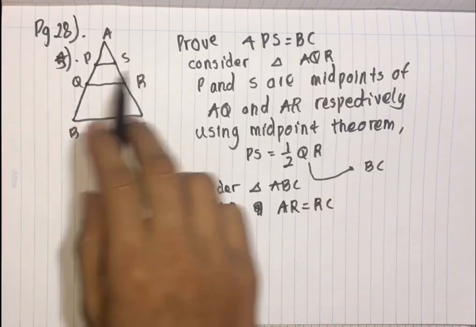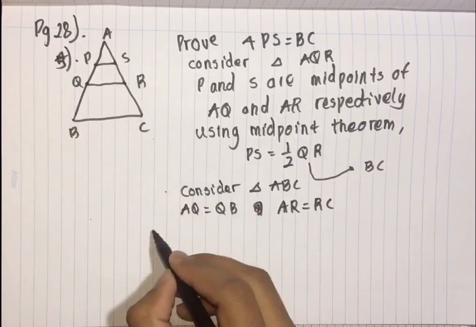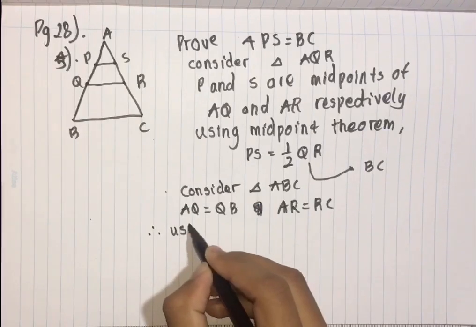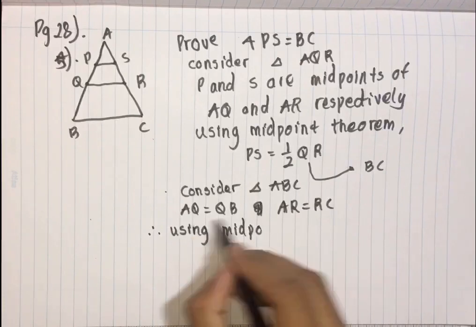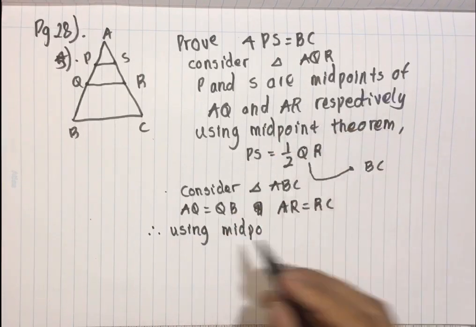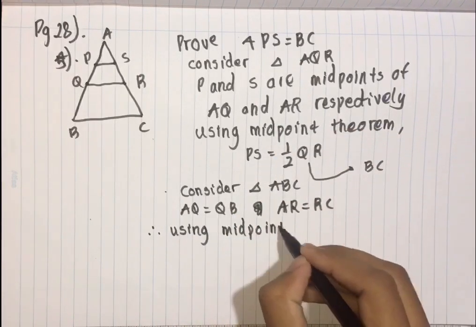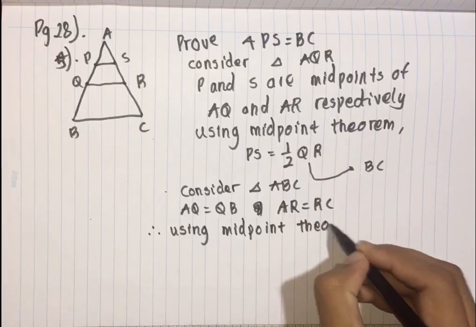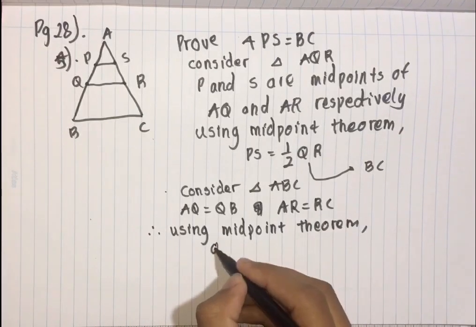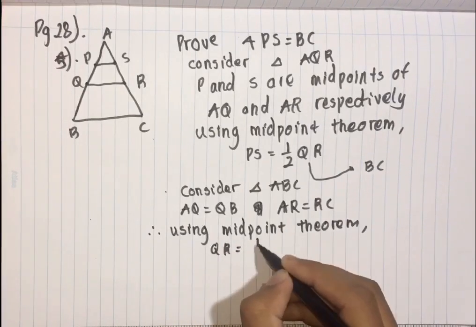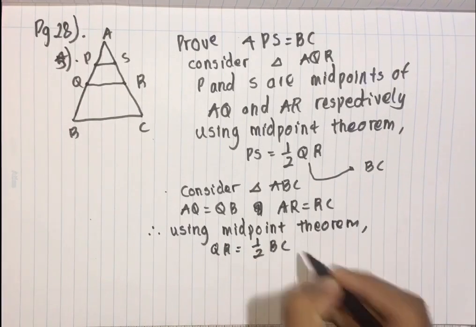It is the same as saying these two are the midpoints. Therefore, using the midpoint theorem, you can write the same thing here also. Using the midpoint theorem, you can say that QR is equal to half the length of BC.